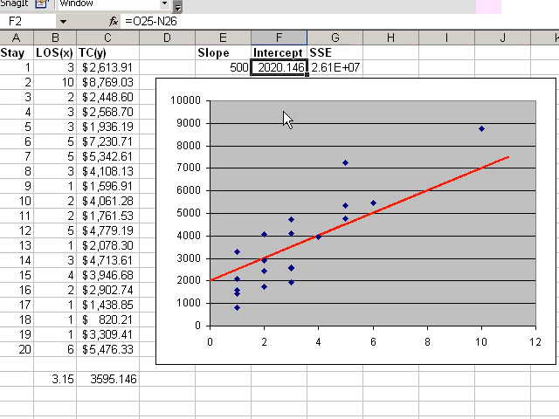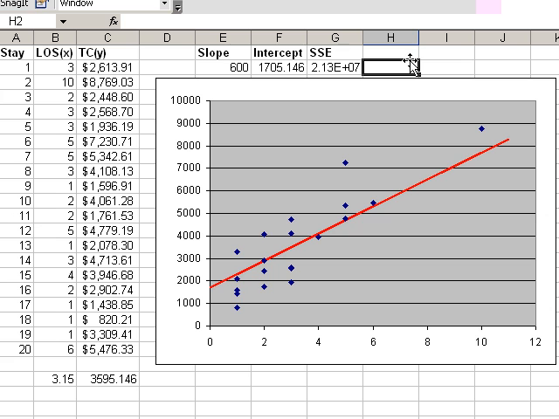Now the intercept has changed to 2020, and we can see that the line appears to better fit the data, but we might be able to do better. Let's try 600. Now the intercept has been reduced, and the line appears an even better fit.